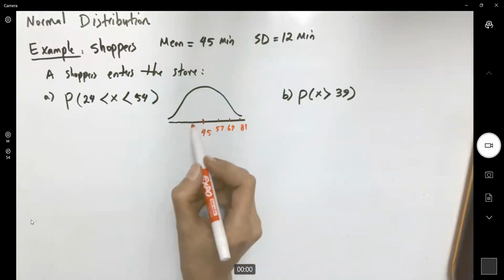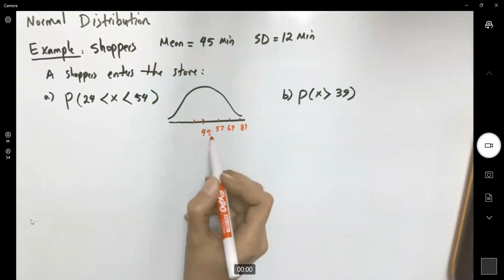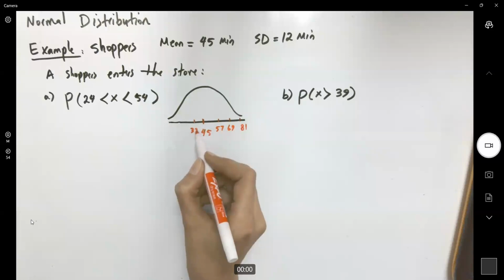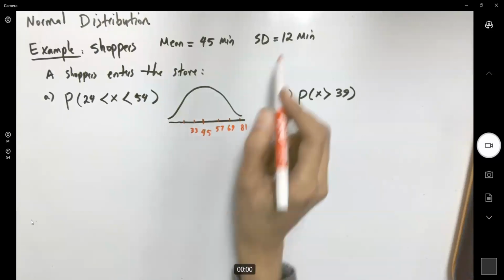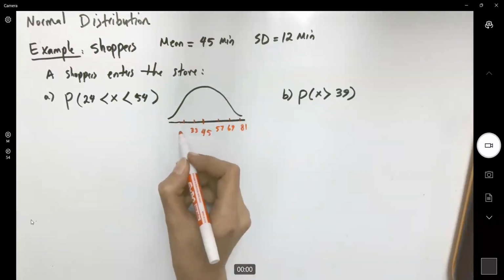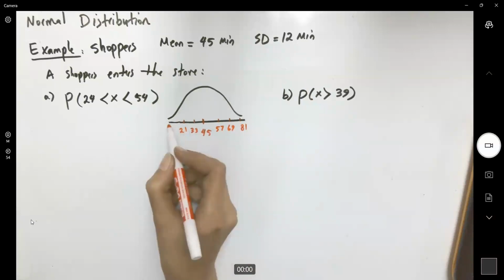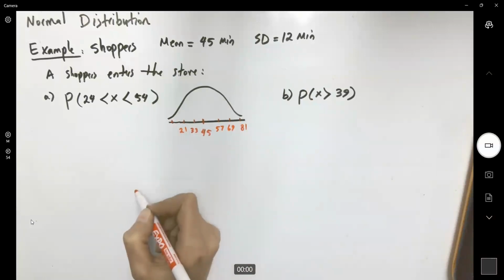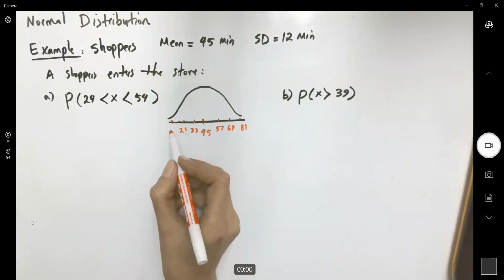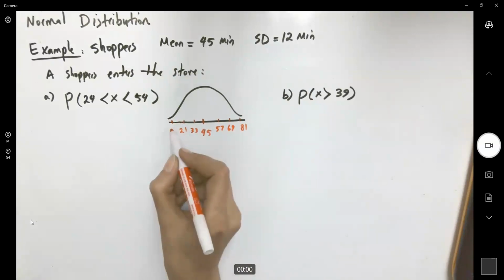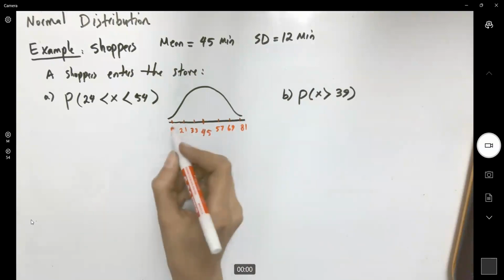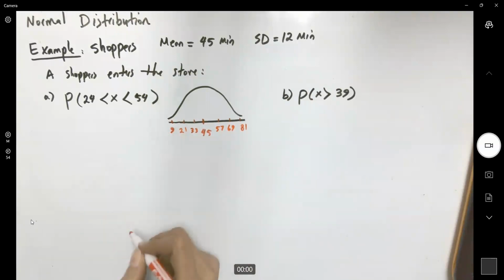And on the left-hand side, we start subtracting. 45 minus 12 gives us 33. 33 minus 12 gives us 21. And 21 minus 12 gives us 9.